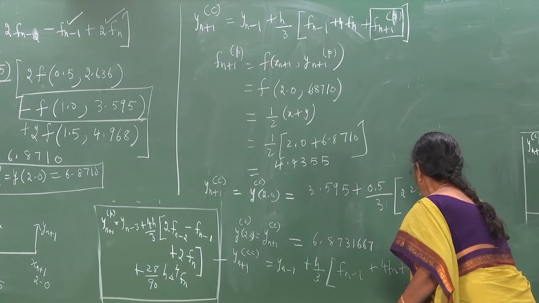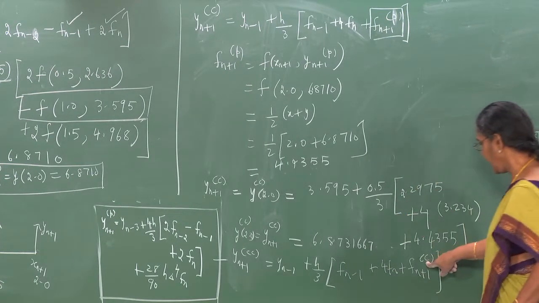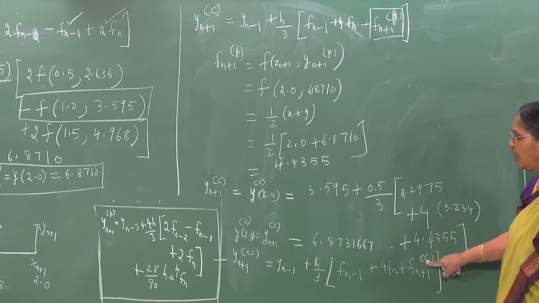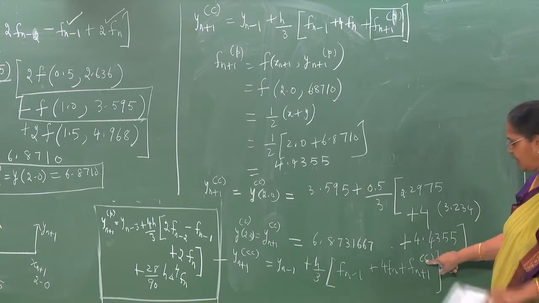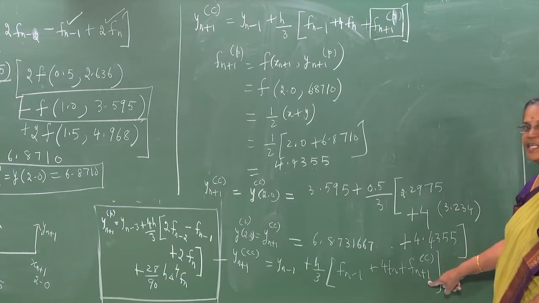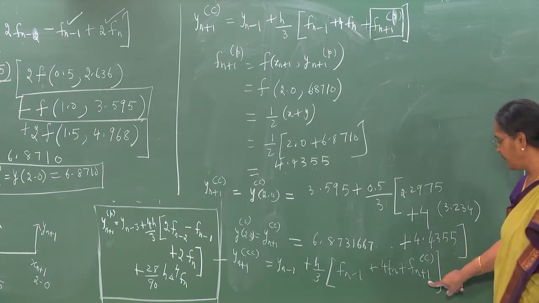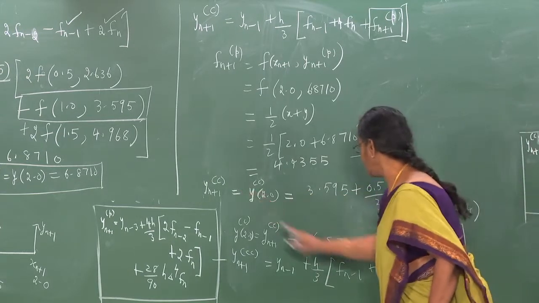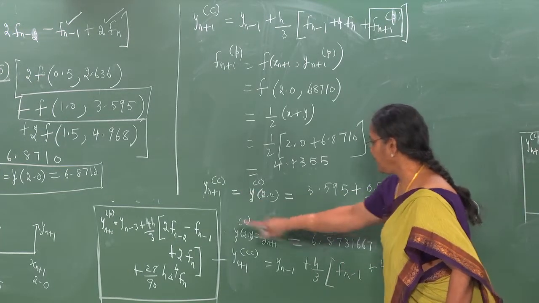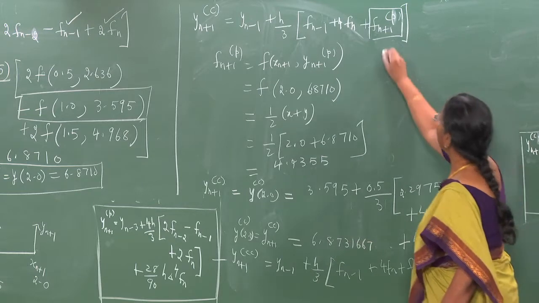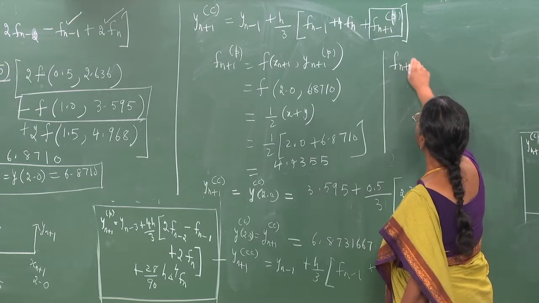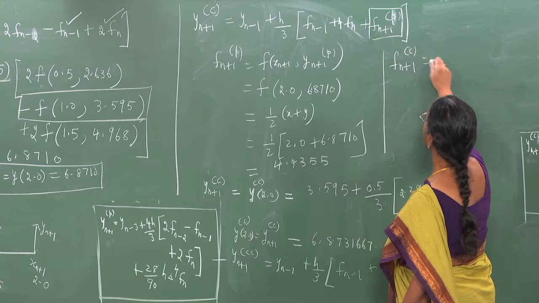Now, here this fn plus 1 is corrected using the information yn plus 1 corrected. So, fn plus 1 is f at xn plus 1 comma yn plus 1 corrected. Yn plus 1 corrected has been obtained and xn plus 1 is 2. So, we can now compute what is fn plus 1 corrected value.